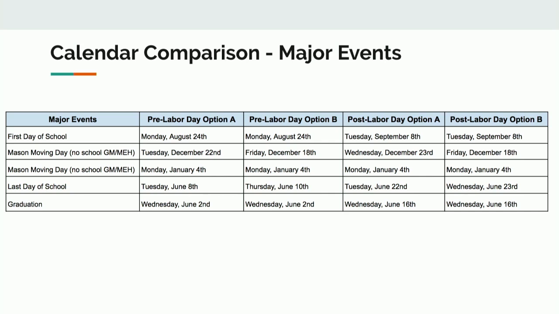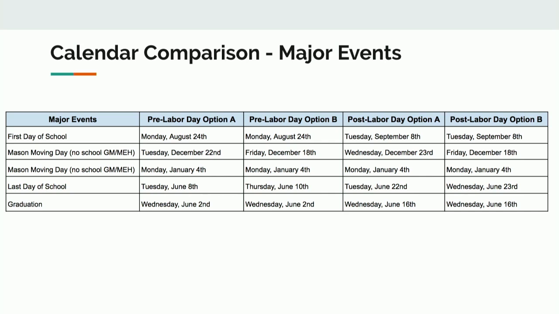Both pre-Labor Day A and B have a Monday, August 24th start date. If I continue to focus on those two calendars, the Mason Move Day for pre-Labor Day option A would be December 22nd, which is a Tuesday, and for pre-Labor Day option B, it would be December 18th.